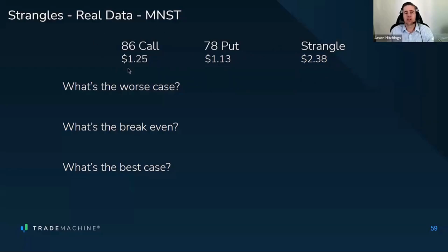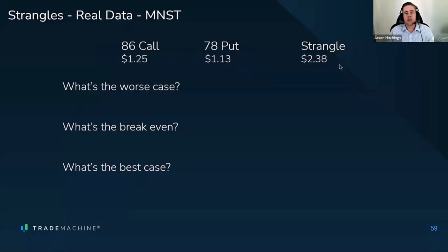For the call to be in the money, the stock has to go above 86, but for the put to be in the money, the stock needs to go down below 78. Because again, if the stock's at $80, having the right to buy it at 86 is like having the right to buy a $25,000 car at $30,000. That has no value. So in this range between 78 and 86, these options will have no value, in which case we're going to lose the entire amount we invested.